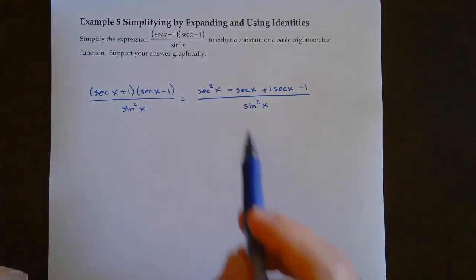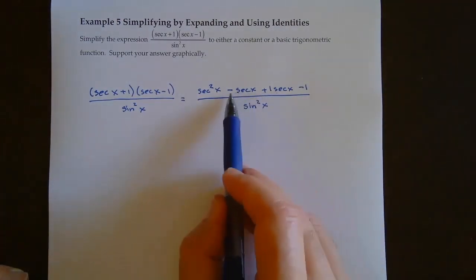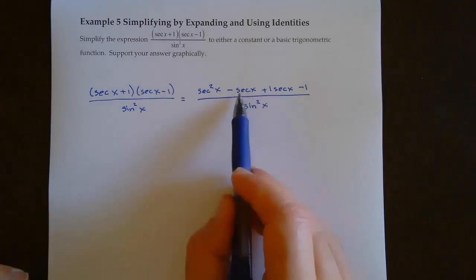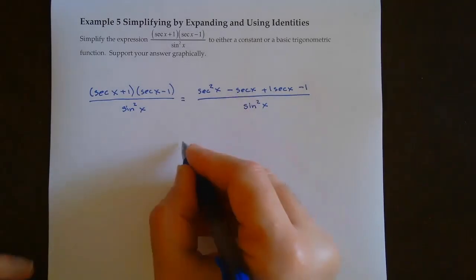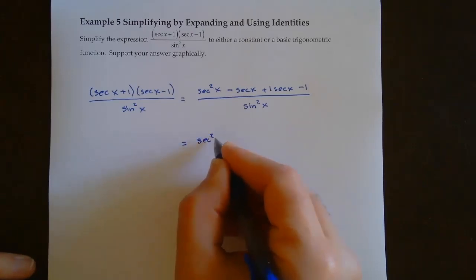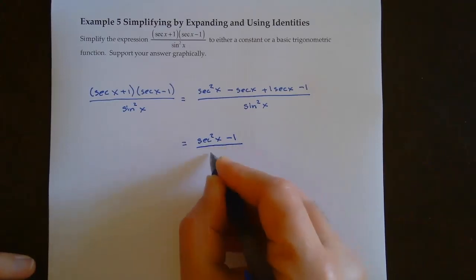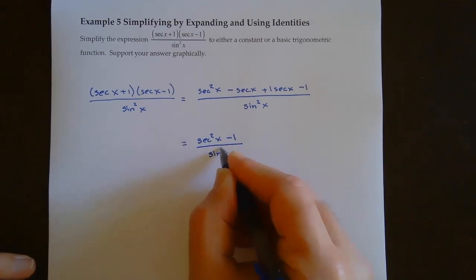Okay, so what does this become? Okay, so I have a secant x and a minus secant x and plus 1 secant x, right? These cancel each other out, and you're left with secant squared x minus 1 over sine squared x.